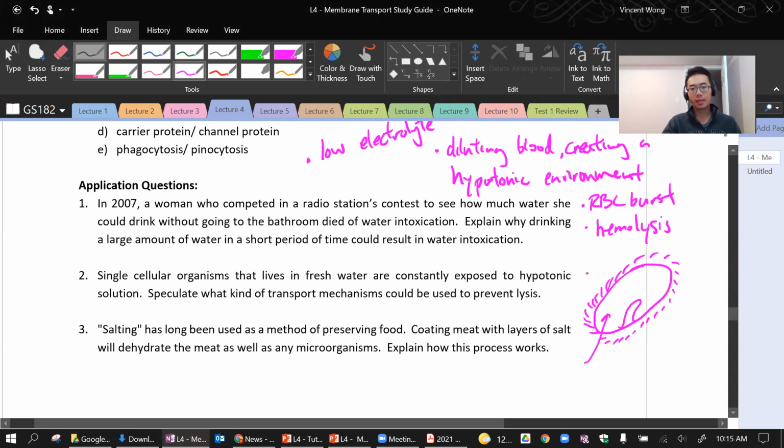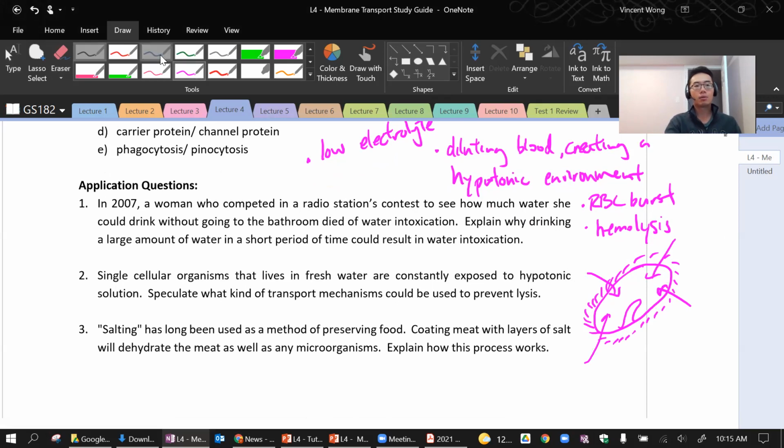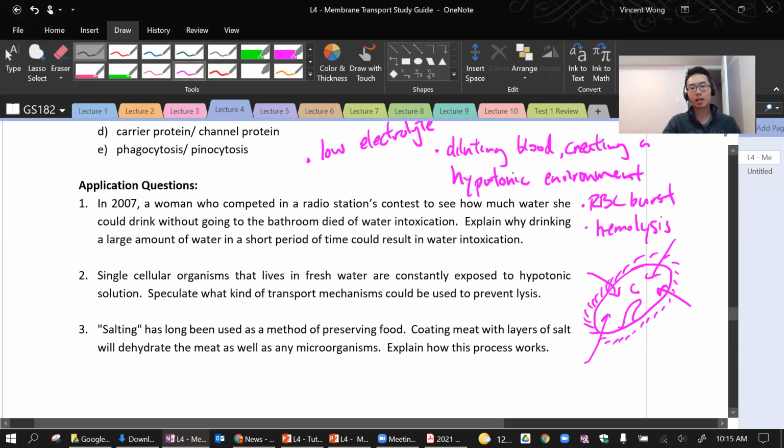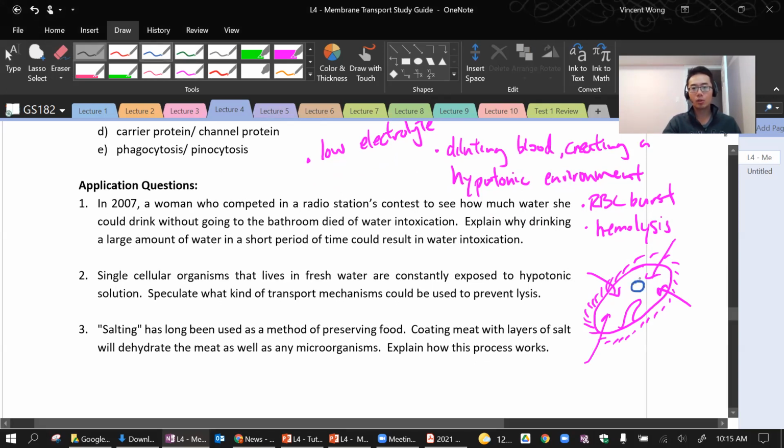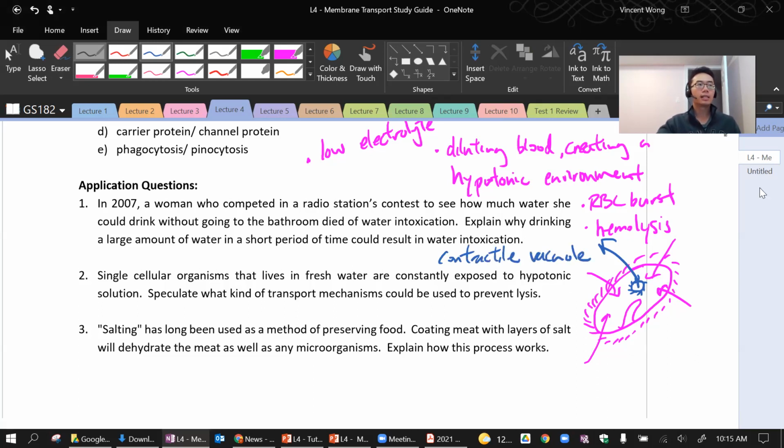So water will come in all the time, at a greater rate than it's leaving. So these organisms usually have some kind of contractile vacuole. There's a special vacuole in them, and there is microscopic muscle around it. So it will suck up the water in the cytoplasm, and then push the water out. That's called a contractile vacuole, and that's how they prevent themselves from bursting.